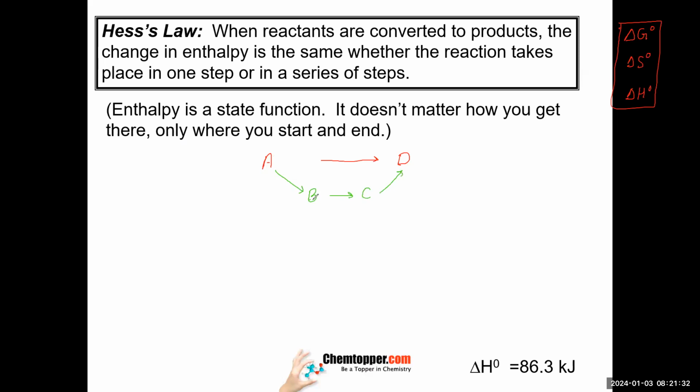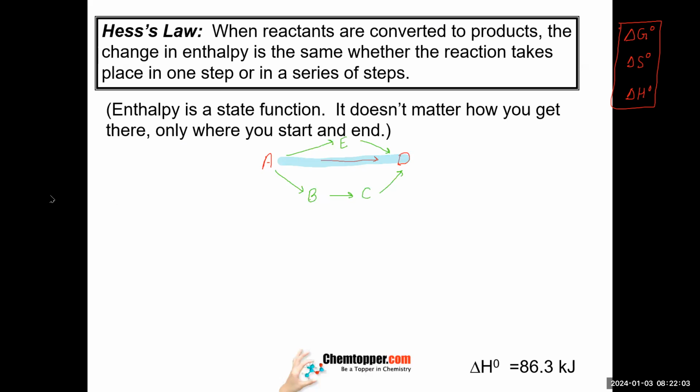A is converted to B first, and then B is converted to C, and then C is converted to D. Or A is converted to E, and then E is converted to D. So there are three paths which I'm showing you here. One path is this one, straight, this one. This is one path. One path means one way of getting the D.